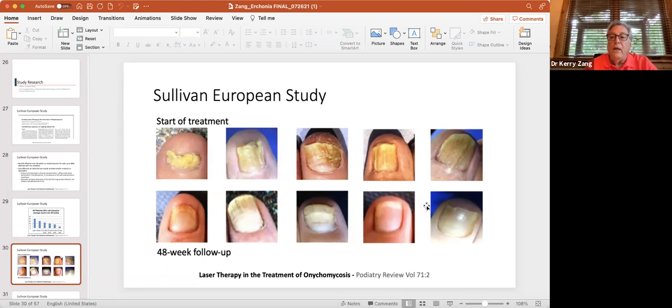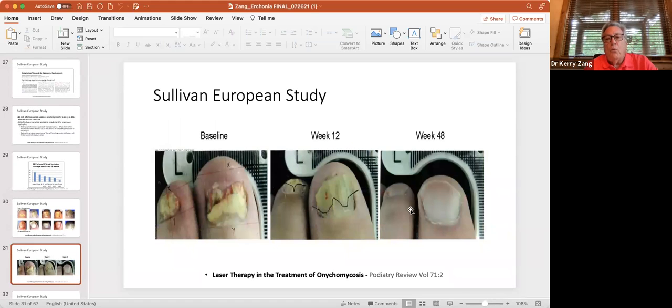And I think we have some clearer pictures for you. This is at 48 weeks, but the baseline study, you can see the involvement. Look at the second digit toenail. Look at 3 months. You can see it starting to clear.